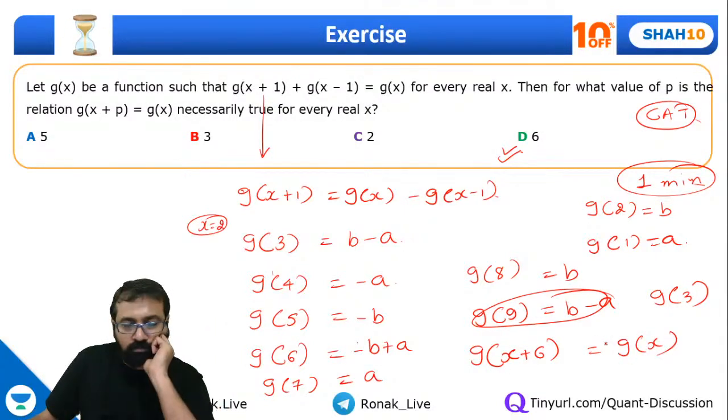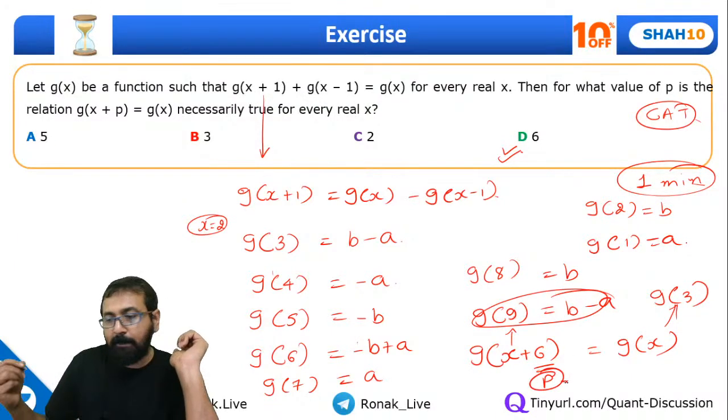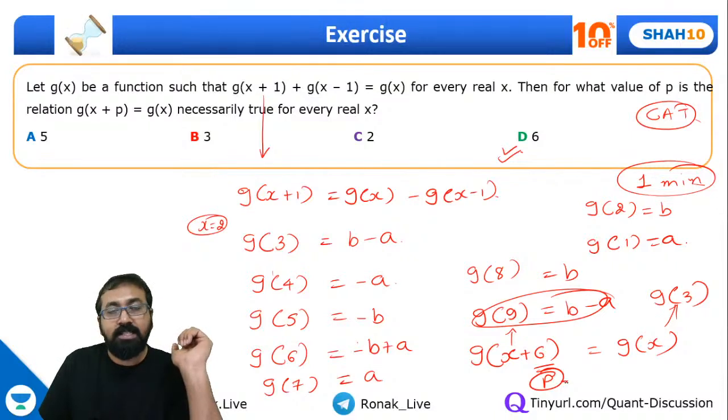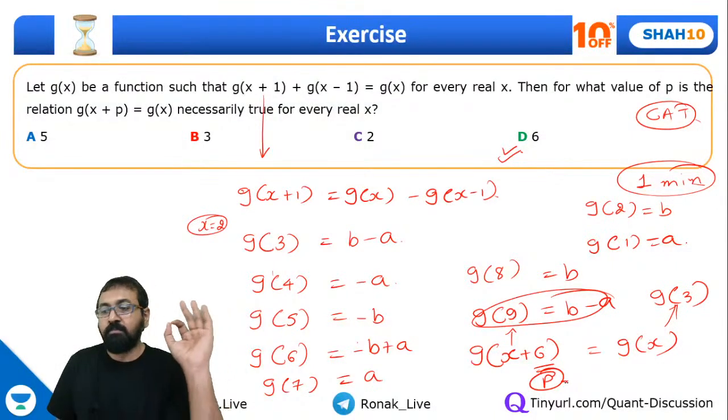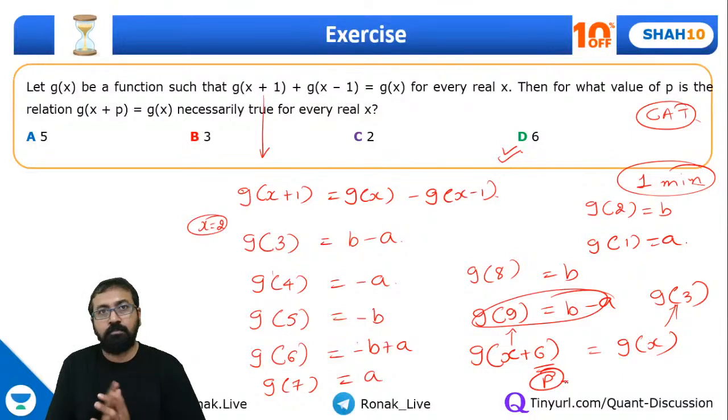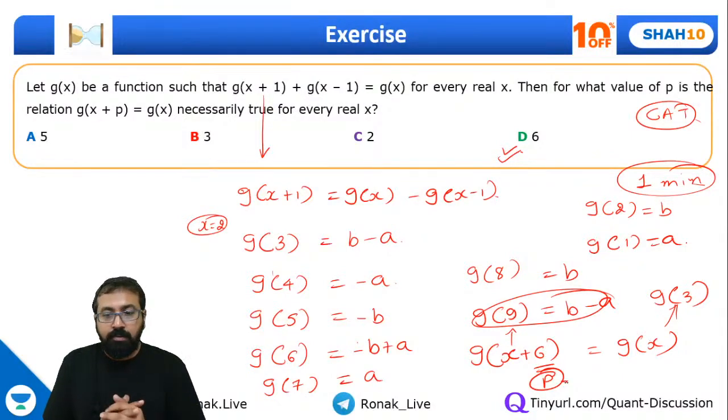Yes or no? When I take x equal to 3, I'll get g of 9, and over here I'll get g of 3. So that's why this is the value of p. Yes, everyone, have you understood this? Great. So let's go ahead.